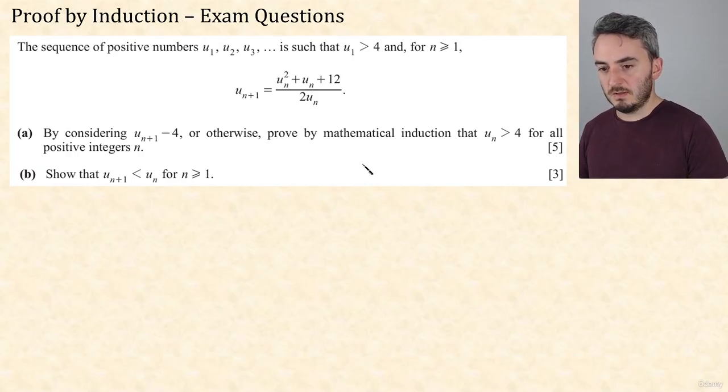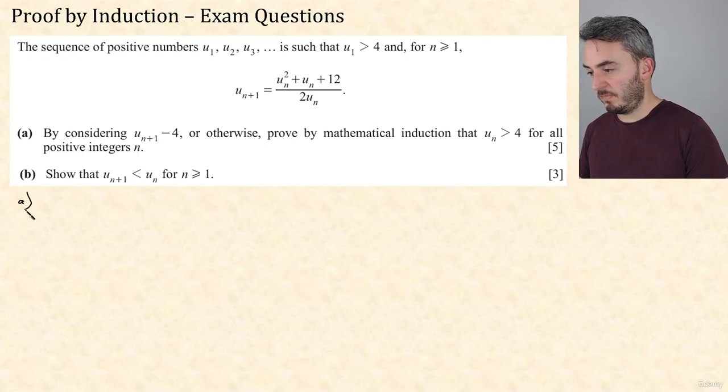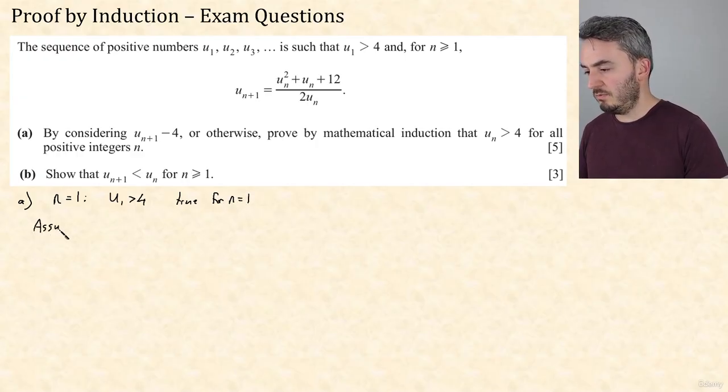So let's see. The base case is clearly true. I've just told us that it's true. So n equals 1, well, u1 is greater than 4. So true for n equals 1. Now, we've got to be careful here. So assume it's true for n equals k.